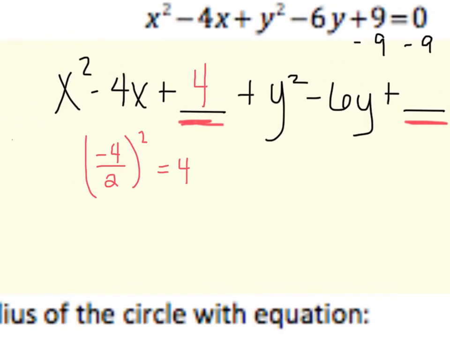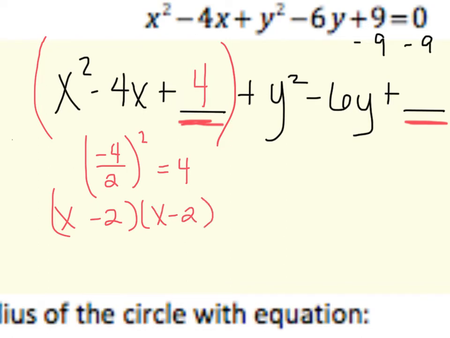The reason that works is that if I factor just the x's here, it'll be x minus 2 and x minus 2. Since I can write the same factor, it's going to be x minus 2 squared, and we're starting to see that equation of the circle.